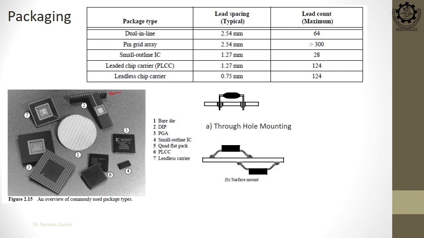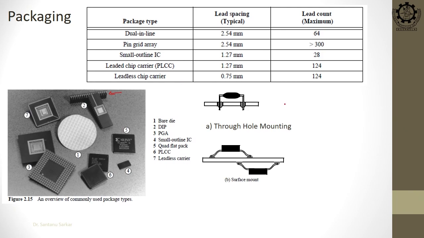So, if you want to increase your number of pins, then the DIP package is not suitable. In that case we generally go for ball grid array or pin grid array or PLCC or other leadless structures. These are for larger pin density.